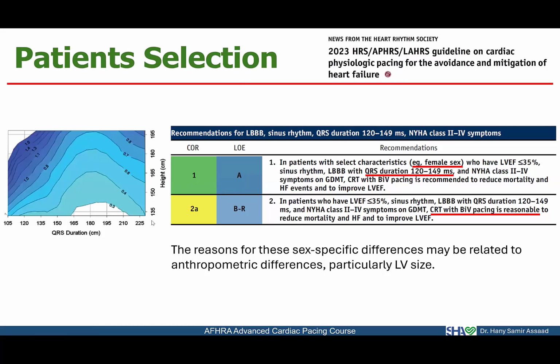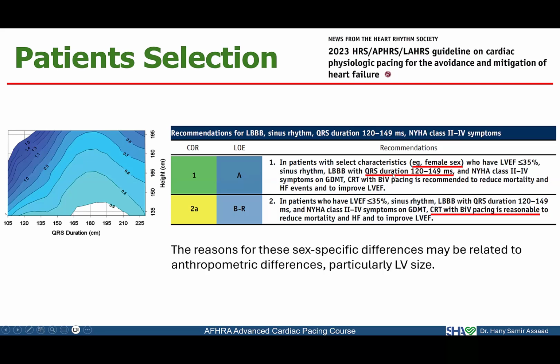And this graph might explain to us that the less the height, the less is the response threshold to QRS duration. The light blue here shows the good response to CRT, and the shorter the individual or the patient you are implanting, the more he will respond even with narrower QRS.